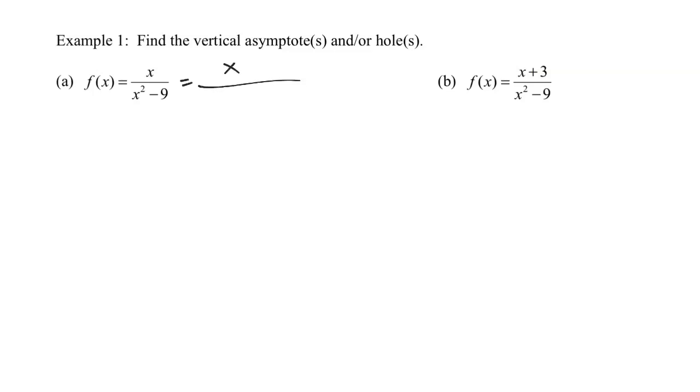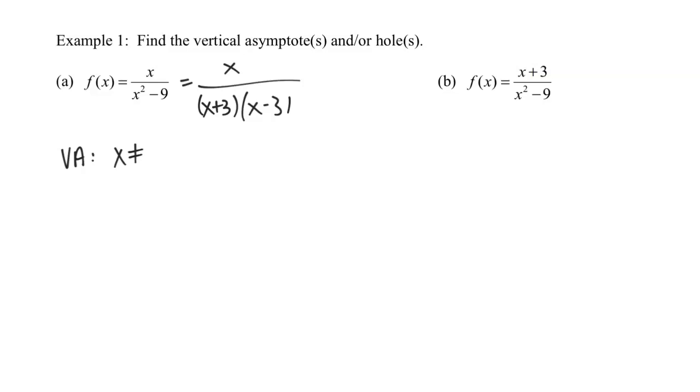The first thing I notice is that that denominator can be factored as a difference of squares, so I'm going to go ahead and factor it. The next thing I would try is to cancel anything that they had in common. But this function does not have anything in common, and so nothing cancels out. Therefore, to find my vertical asymptotes, I'm going to look to the denominator, and the denominator cannot equal 0. So that means I'm going to have two vertical asymptotes.